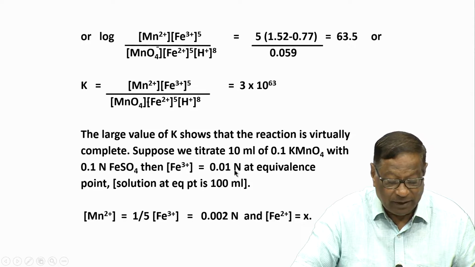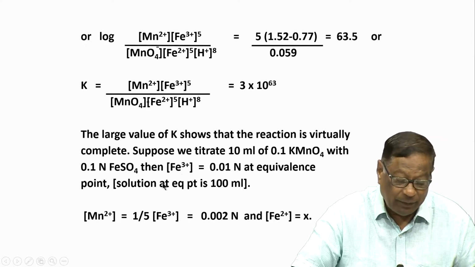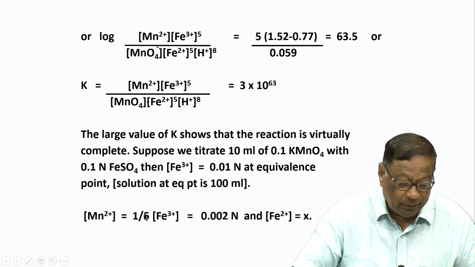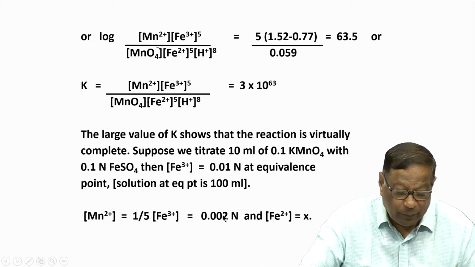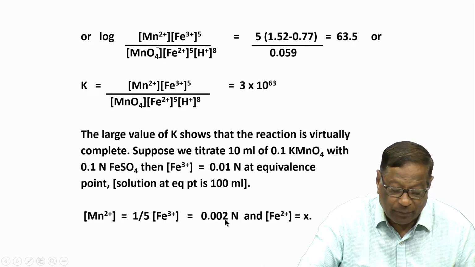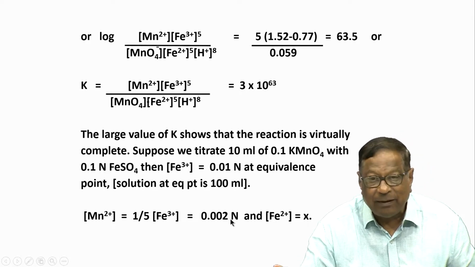Then Fe3+ would be 0.01 normal at the equivalence point, and assume that we are using only 100 ml. So, Mn2+ would be 1 over 5 of Fe3+, that is equal to 0.002 normal, and Fe2+ would be x, that is unknown.